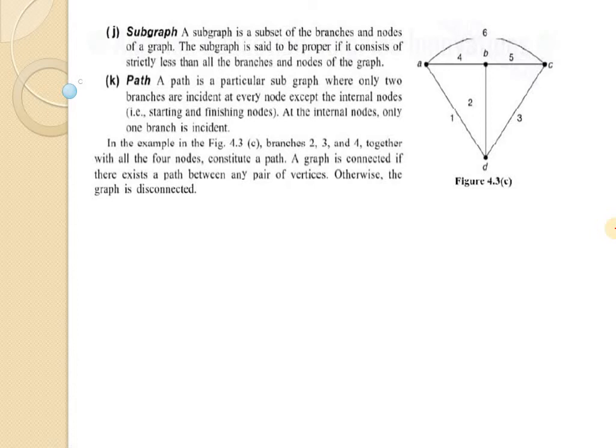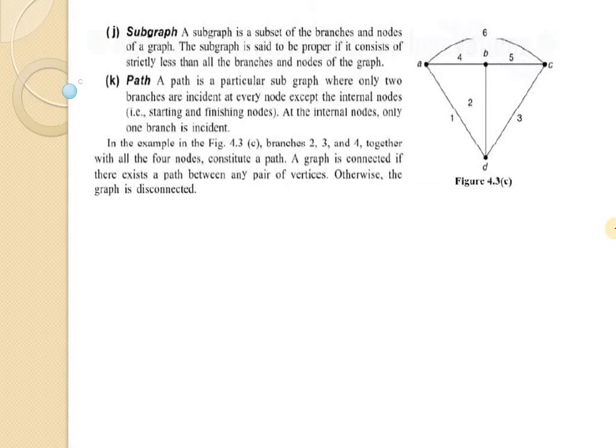Next, subgraph. A subgraph is a subset of branches and nodes of a graph. The subgraph is said to be proper if it consists of strictly less than all the branches and nodes of the graph. So, what is a subgraph?